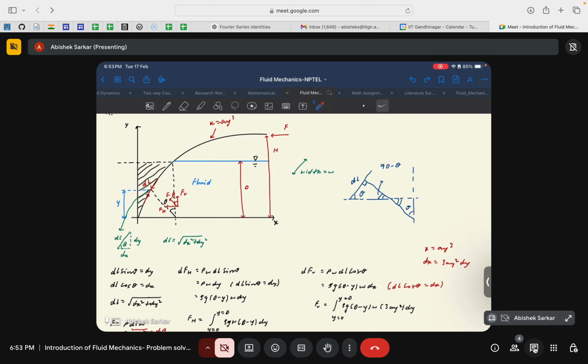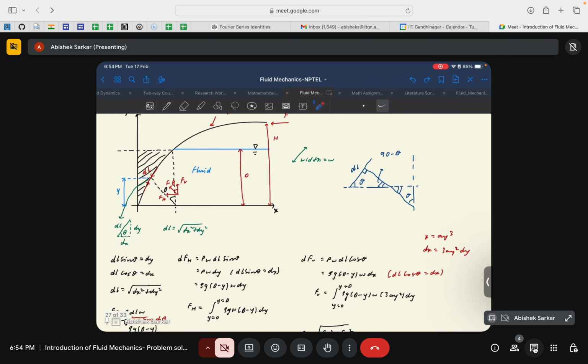Let us consider an elemental area of length dl, as shown here. If this point is at an angle of, say, theta from the vertical, and if you zoom in and draw it again, you'll see that this angle would also be equal to theta.